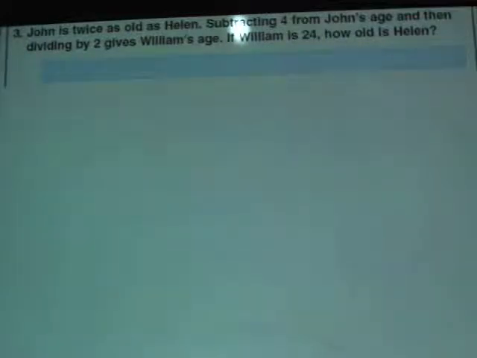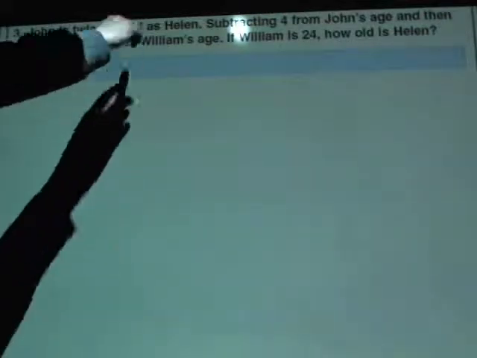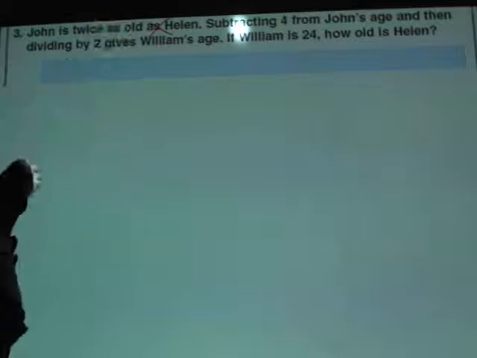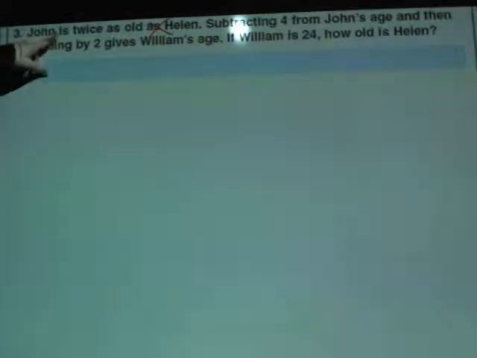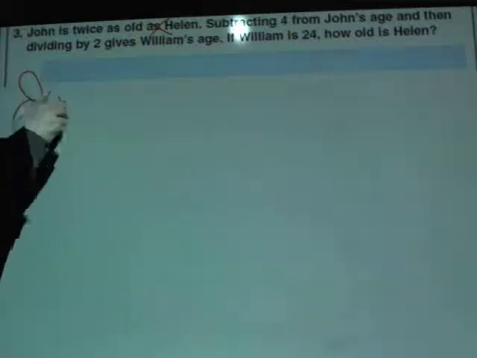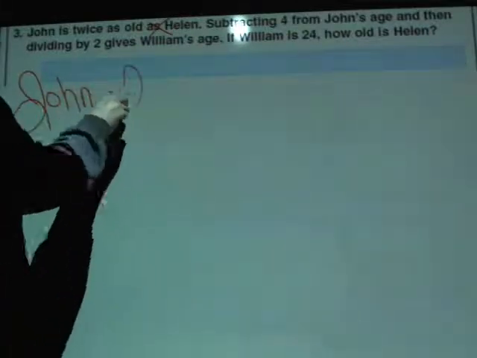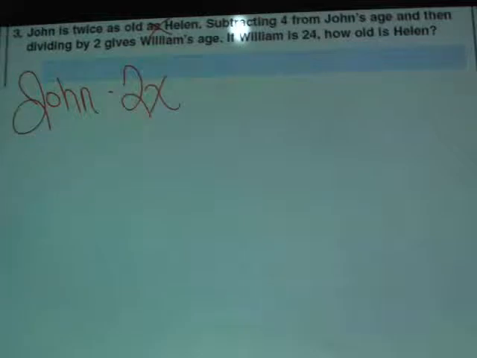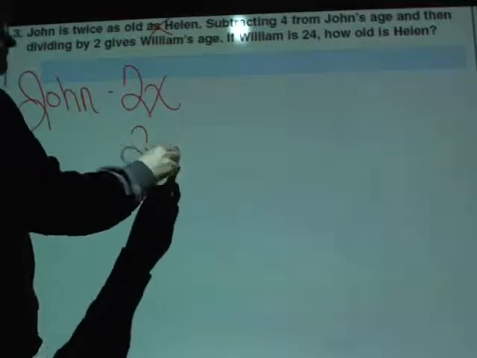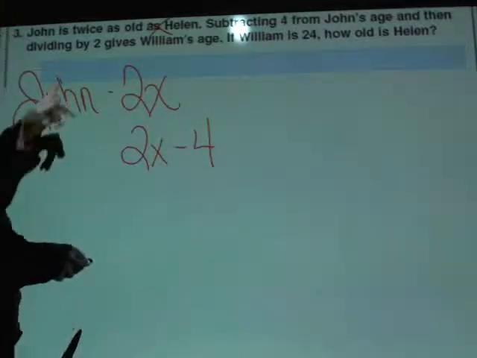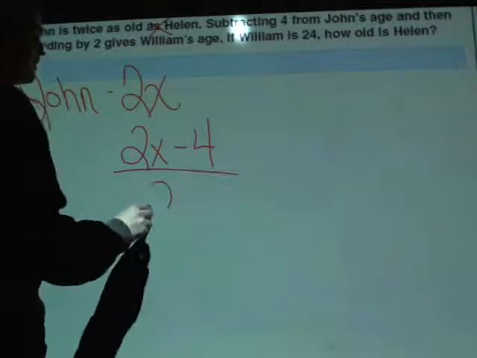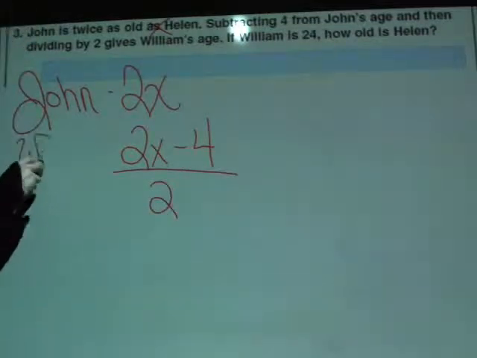So if we talk about solving this one, we've got to set up our steps here. So Helen, we don't know how old Helen is. So we're going to call Helen X. But then we're told that in the beginning here, John is twice as old as Helen. So John, if he's twice as old as Helen, that's going to be 2 times X. Now, if we take John's age and subtract 4, and then divide by 2, that's how old William is.